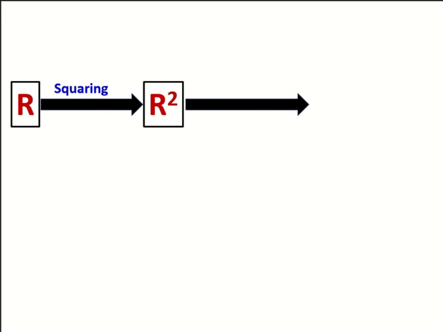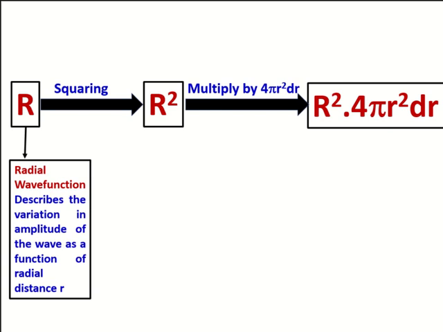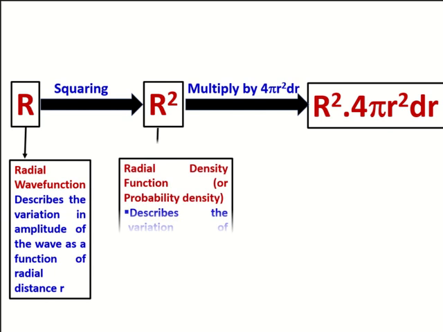तो ये अब हमें समझ में आया, capital R is the radial part of the wave function, squared it, you got the electron density, multiply by 4 pi r square dr, you get the probability. So radial wave function describes the variation in amplitude of the wave as a function of radius.